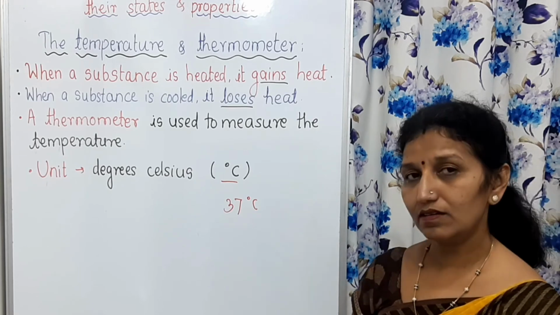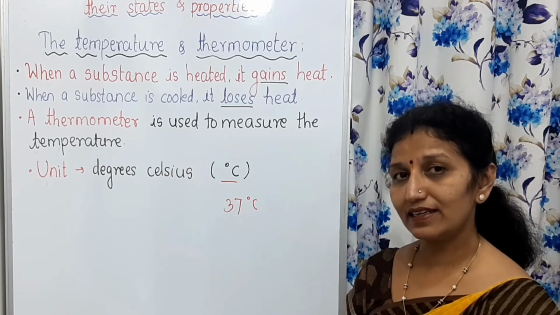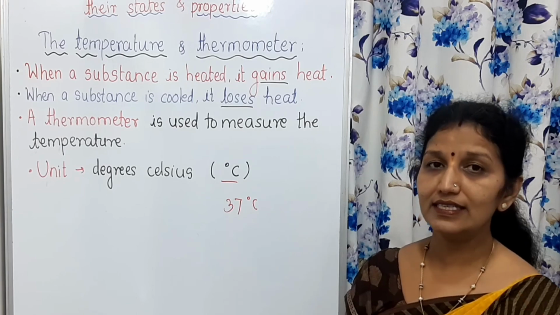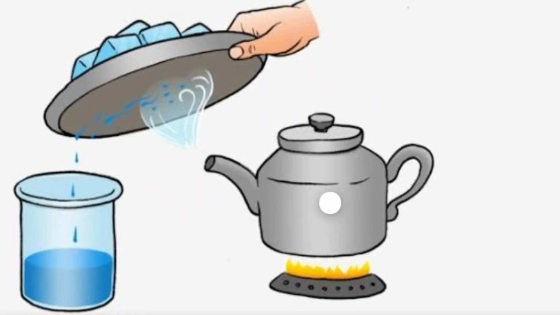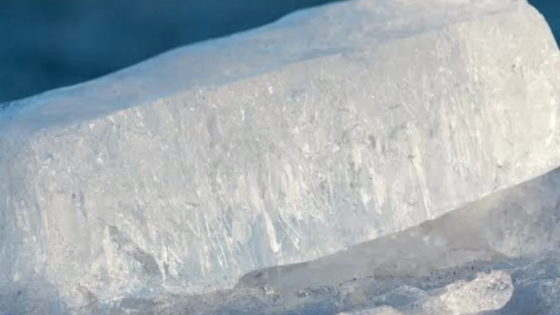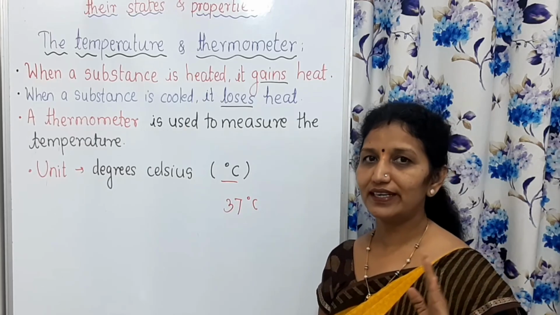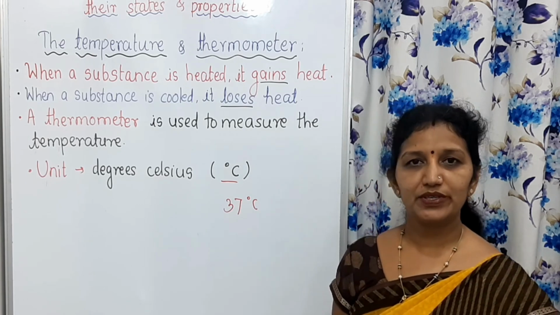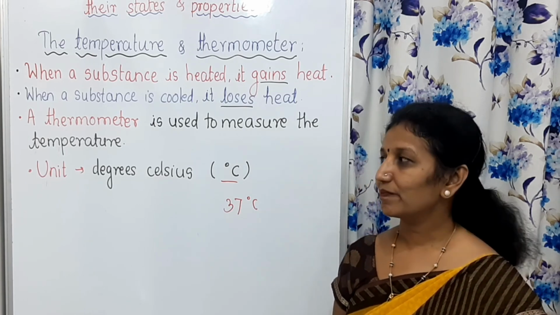When water boils, it starts boiling at the temperature of 100 degrees Celsius, and it starts freezing at the temperature of 0 degrees Celsius. That's why it is called the boiling point as well as the freezing point of that water.